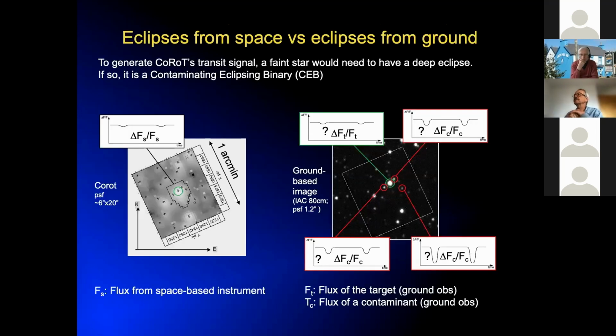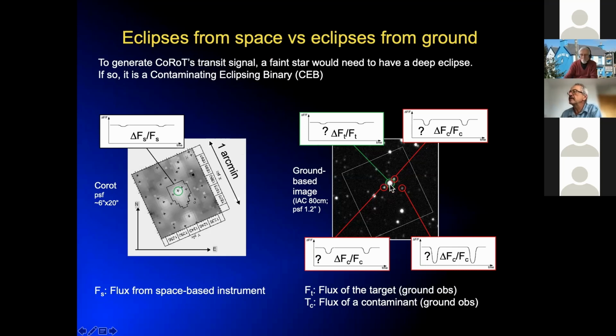So, eclipses from space versus eclipses from ground. The main point is, in Corot, we observe a faint signal, or in some other space missions, a faint signal on the flux from the space-based instrument. It's very faint, very shallow. Now, there can be several possibilities if you observe it.